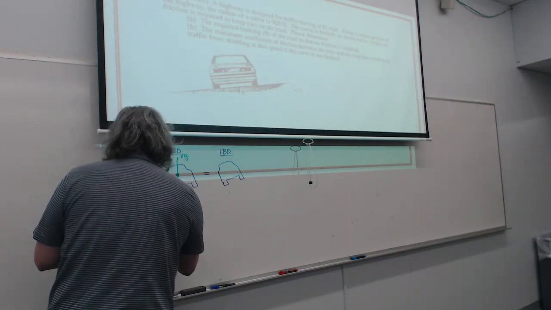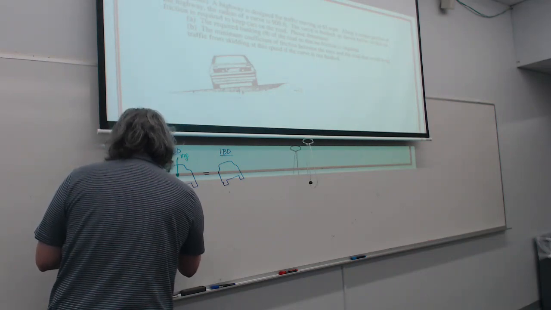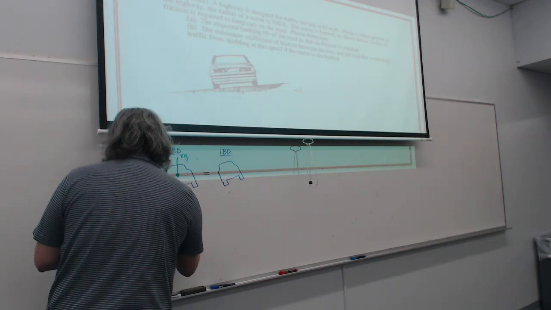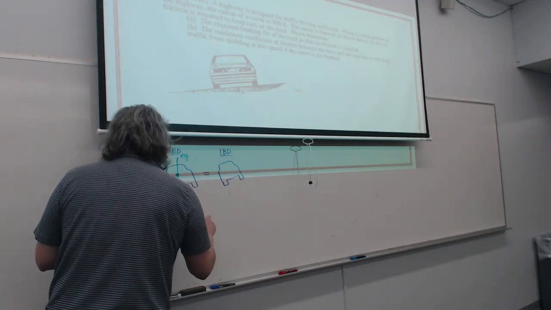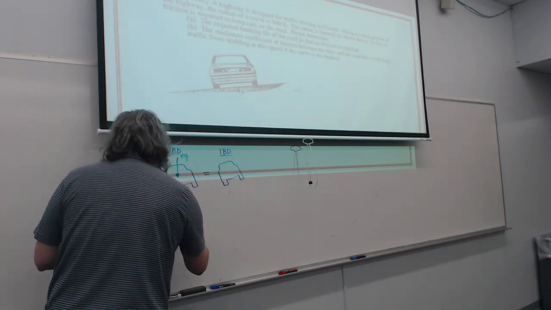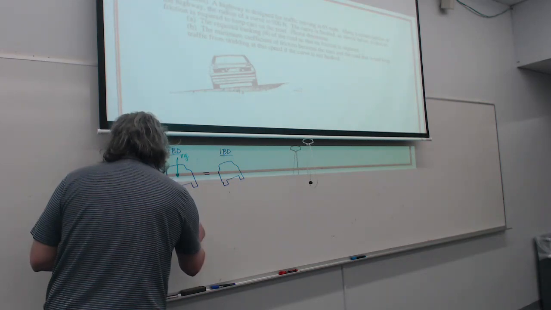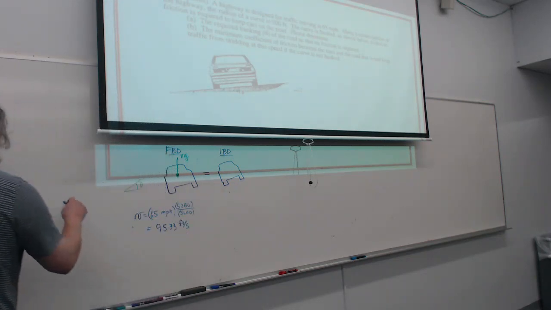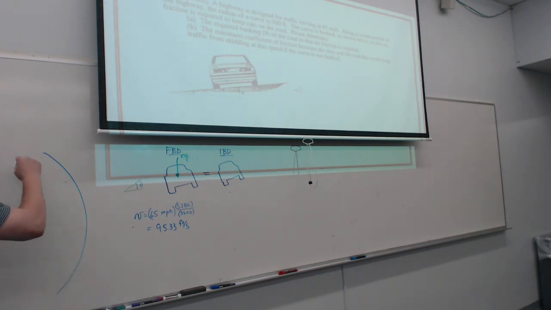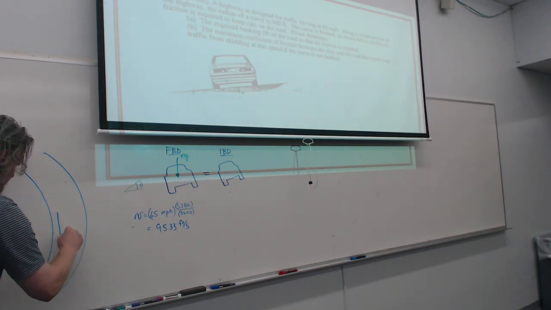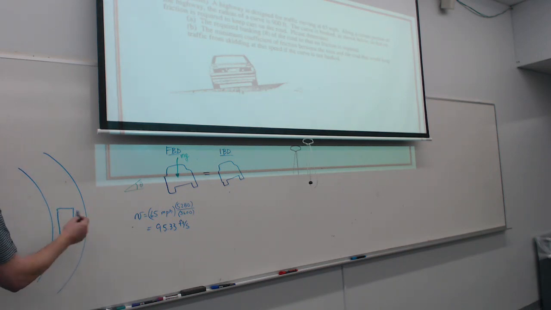The thing that might not occur to you is that this really is kind of a three-dimensional problem, right? We have to kind of look down onto the car and see. Okay, well now we can see that's the direction of the normal acceleration right there, because they're going around a curve.